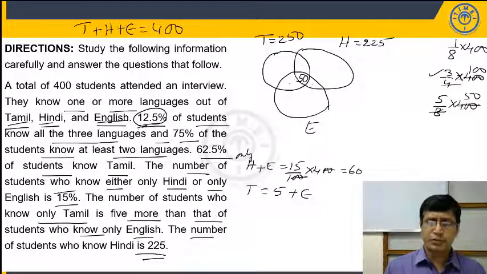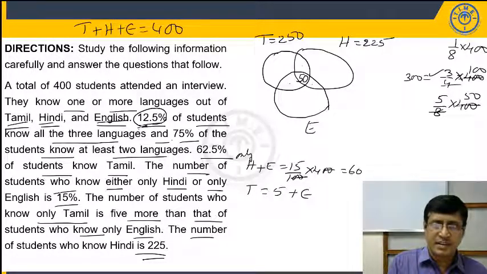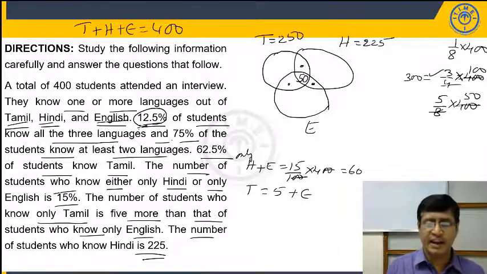Total number of students is 400. In that 400, 300 students know at least 2 languages. At least 2 languages means this one and this plus 50 is equal to 300. Remaining is 100, which is only Tamil, only Hindi, only English.